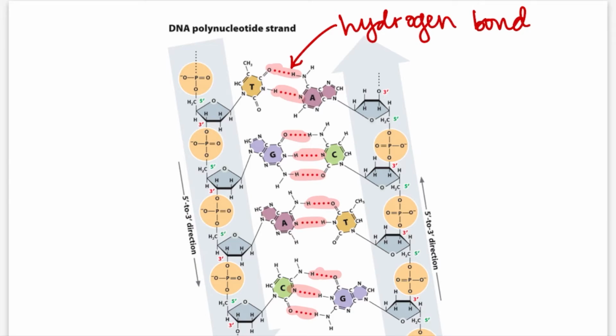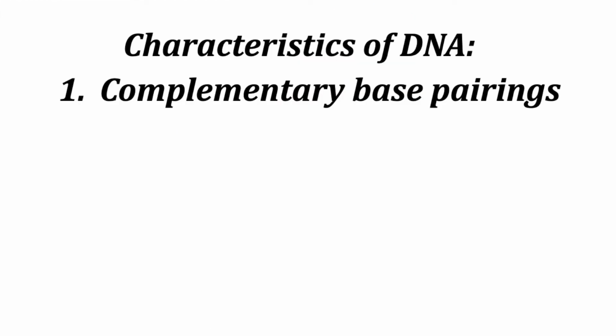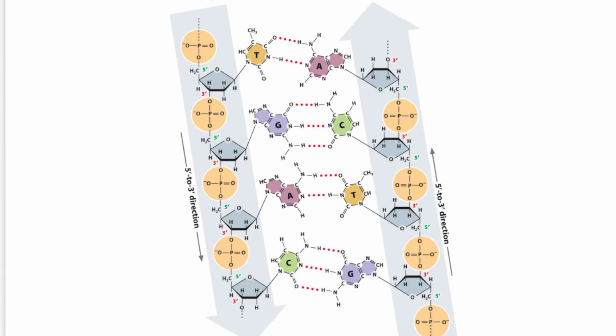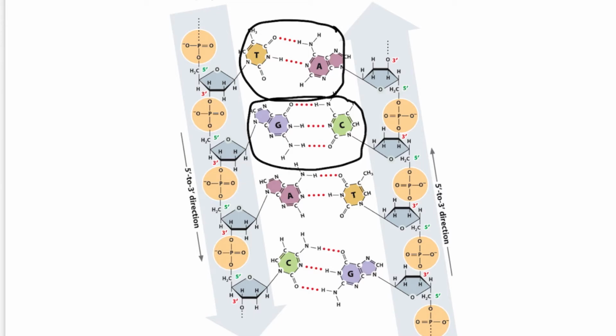These hydrogen bonds allow for DNA to be double-stranded, and double-stranded DNA has certain characteristics. So the first characteristic of DNA is that there are complementary base pairings. So adenine will always be paired to thymine, and guanine will always be paired to cytosine.